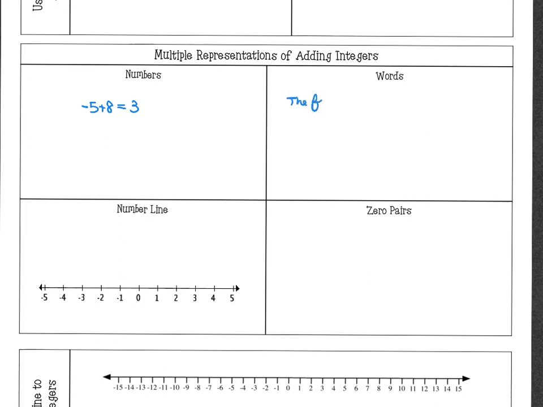The football team was pushed back. Or I can say the volleyball team lost 5 points in the first 10 minutes. Pushed back 5 yards during the first play.